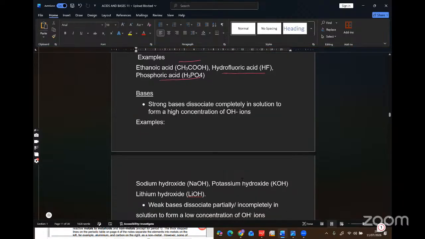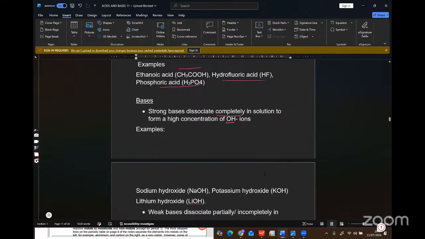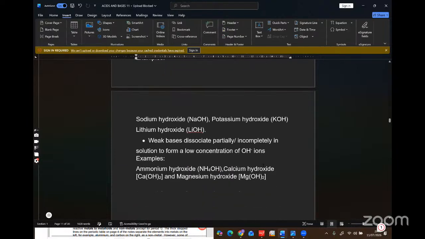A strong base is one that completely dissociates in water to form a high concentration of hydroxide ions, almost complete. And these are examples of your strong bases. You have your sodium hydroxide, potassium hydroxide, and lithium hydroxide.